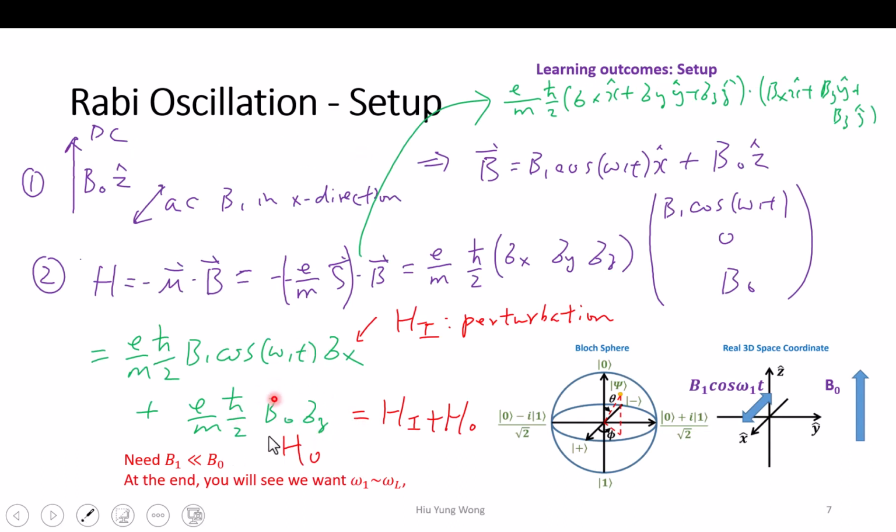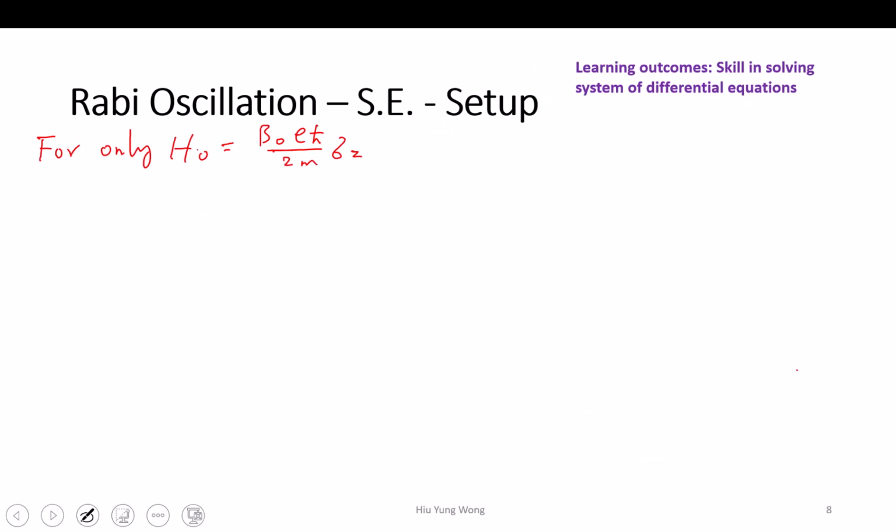This is the original Hamiltonian, and we already know that. What does that mean? That means that it has the eigenstates, or eigenvectors, of 0 and 1, because this one corresponds to the magnetic field pointing up in the Z direction. So their eigenstates are 0 and 1.